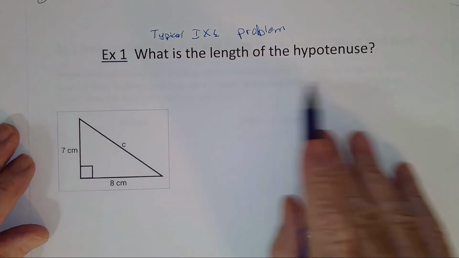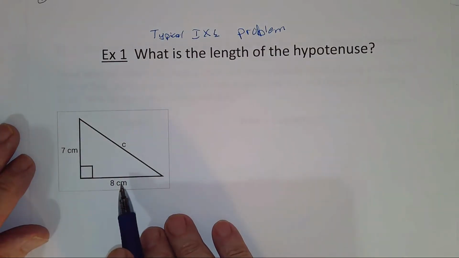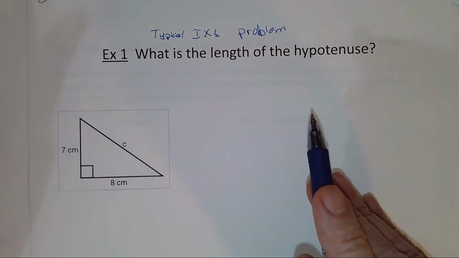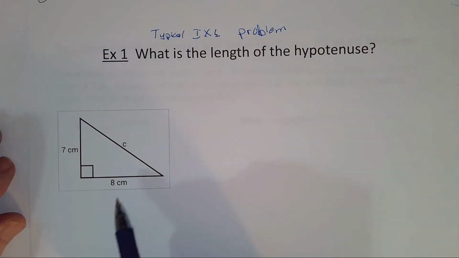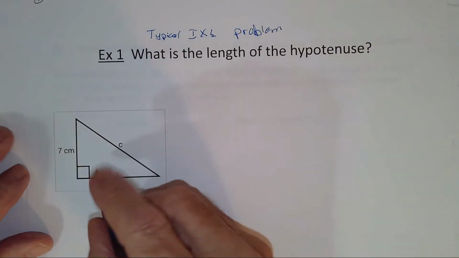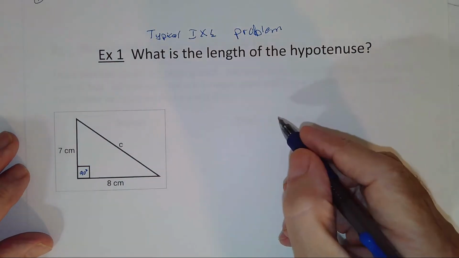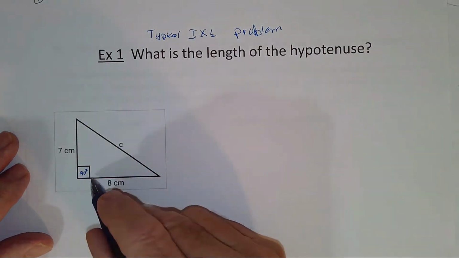What is the length of the hypotenuse? And you're given a picture. Well, okay, so what do you have to do? You have to look at the picture and determine what it is. Oh, it's a triangle. And what kind of a triangle is it? It's a right triangle, right? 90 degrees. That little box means it's a right triangle.